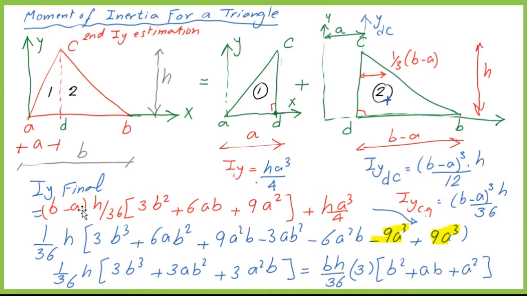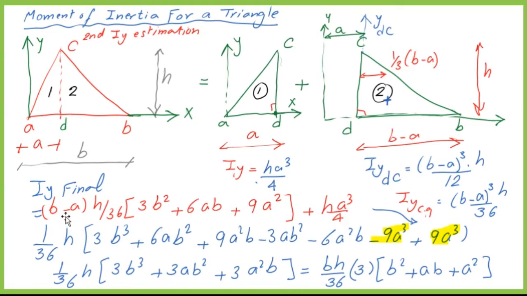Still we have h over 36 and (b minus a) still here. We are going to introduce it inside. So we have 3b squared multiplied by b is 3b cubed, plus 6ab multiplied by b, we have 6ab squared, and we have b multiplied by 9a squared, we have 9a squared b.